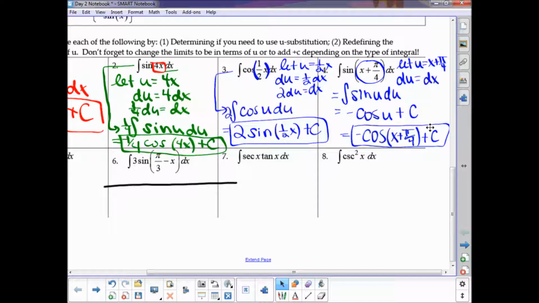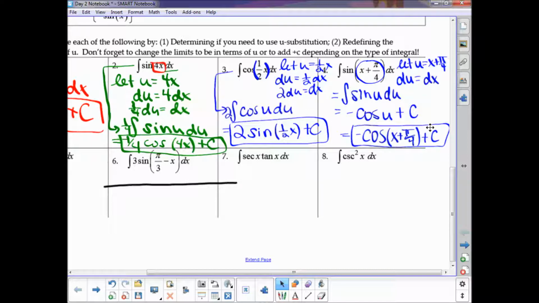So even though we had something more than just x, my derivative of that inside was still just 1. We honestly could have bypassed the u substitution here. If you recognize that chain rule is not going to bother us here, what is my antiderivative of sine? Negative cosine, inside stays the same, and you're good to go. But with number 3, we do have something more than x, so we do need to counteract that.